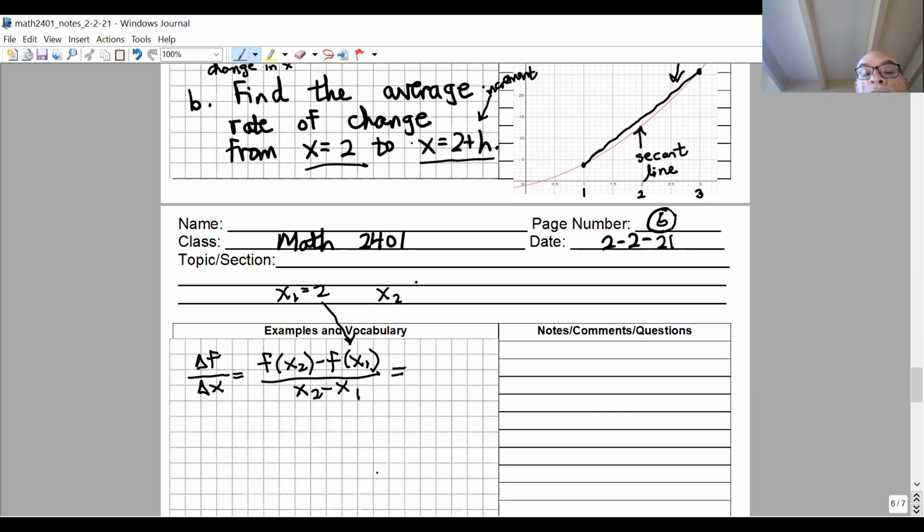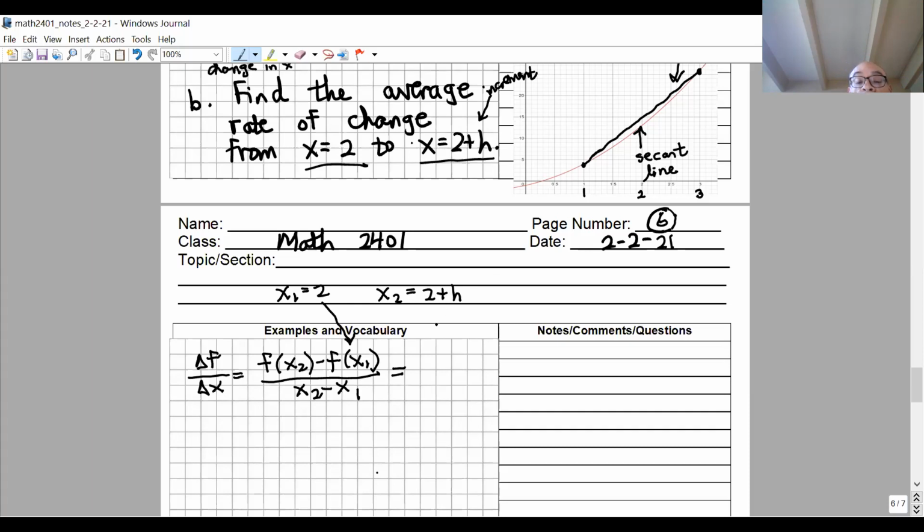Because our second x value is 2 plus some increment. So that could be 2 plus 1, 2 plus 2, 2 plus 3, whatever value we choose for h. Of course, that's going to be a number a little bit bigger than 2, because you're adding something onto 2. So you'll get a value here that's a little bit to the right of 2.